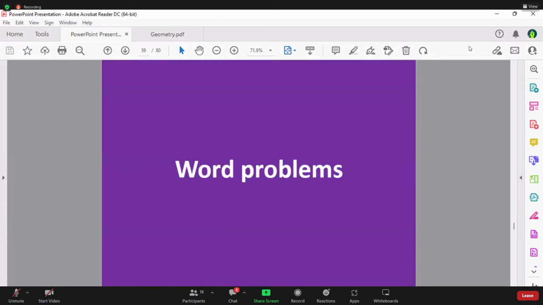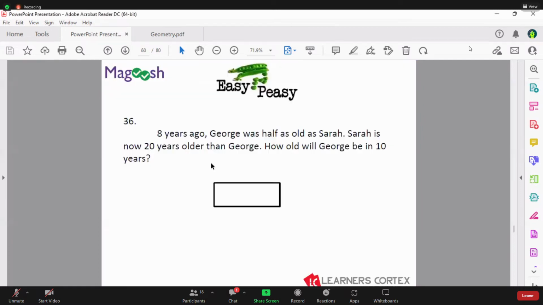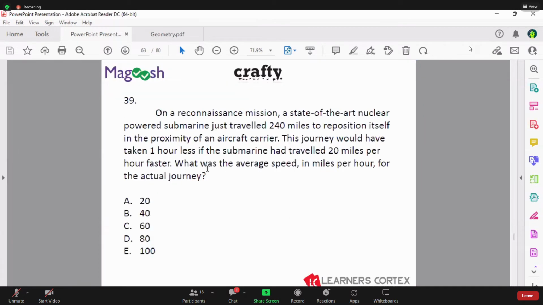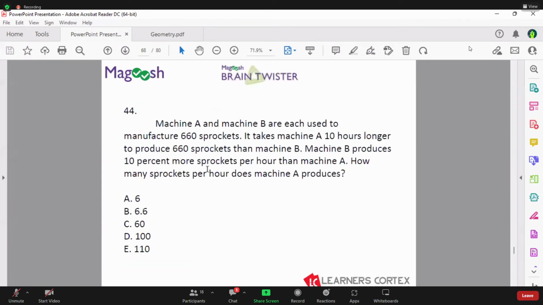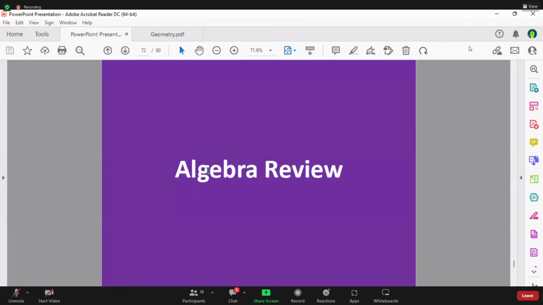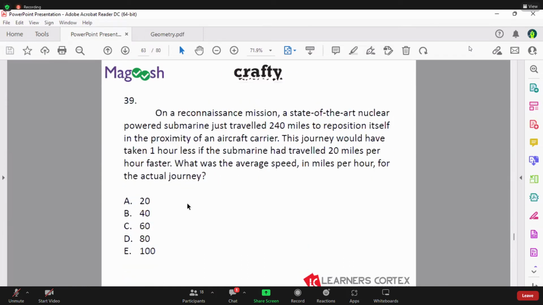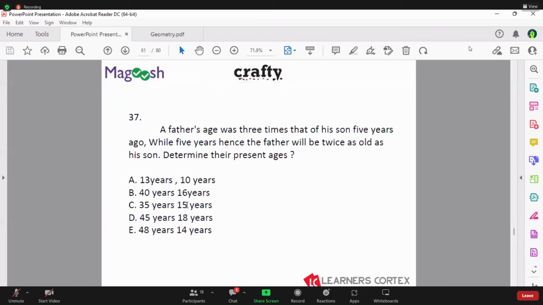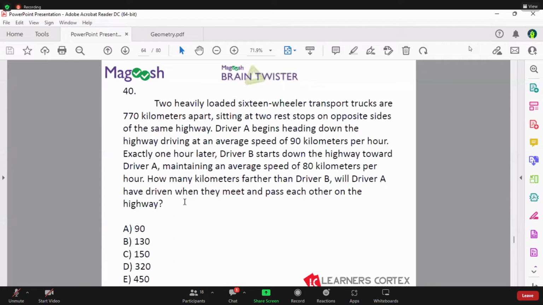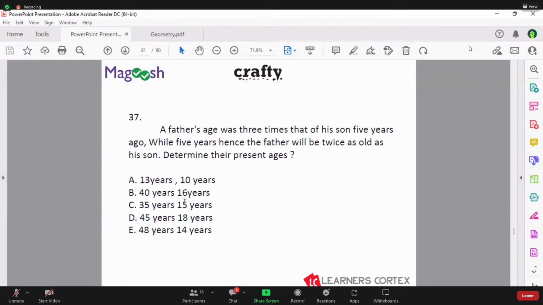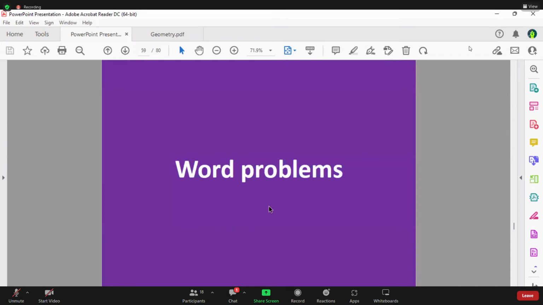We'll start with the word problems. I'll set up a timer as well. Until 40, 1, 2, 3, 4, 5. Yeah, 5 questions. I'll set a time of 7 minutes. And after 7 minutes, I will discuss all the questions together.